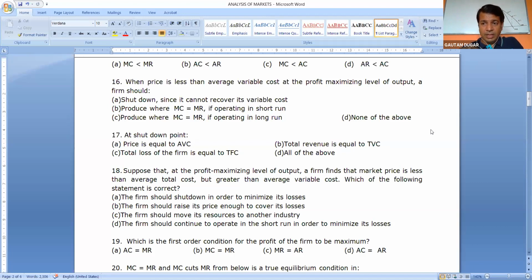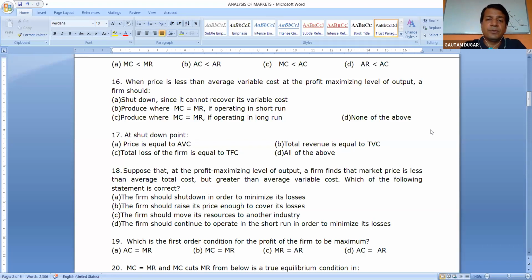But what is the shutdown point? Shutdown point is a point where price is equal to AVC. So A is correct, but B is also correct. Total revenue is equal to total variable cost. C is also correct.